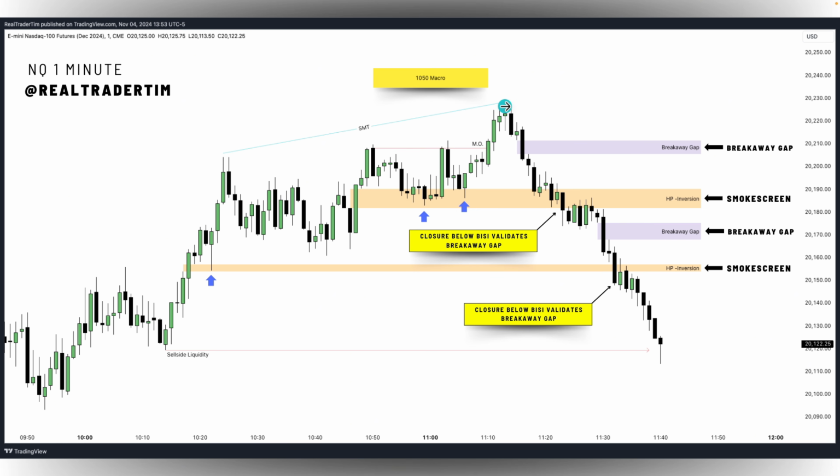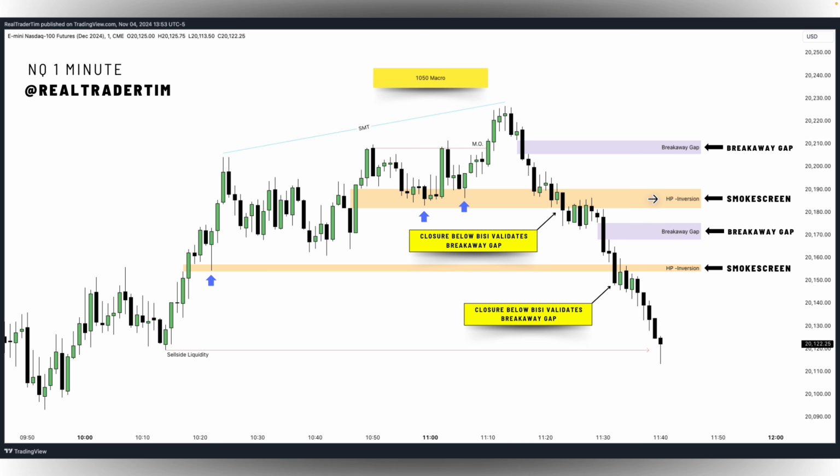We go up one more time, purge this high once more, and then what do we see? We see this BISI get closed below. We displace through that. We continue lower and close below this BISI down here, this orange shaded BISI, same as the previous slide. Why do I have this labeled? Why do I classify this?